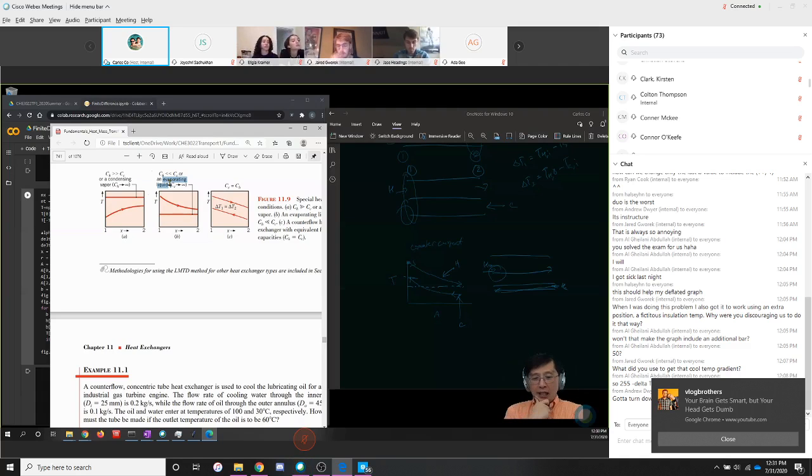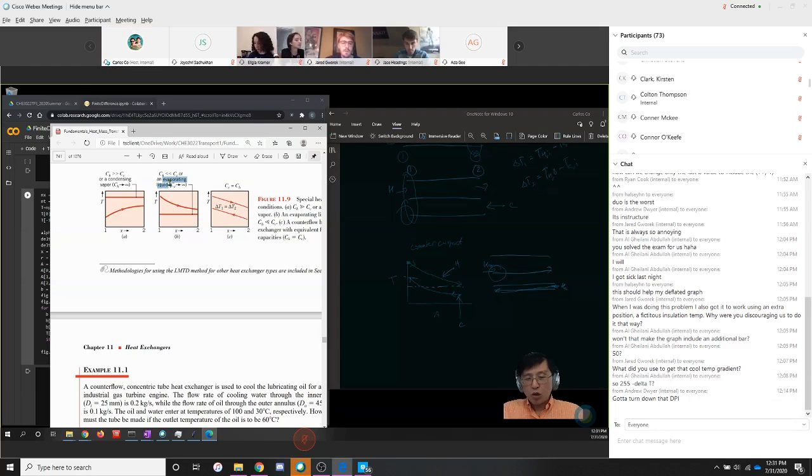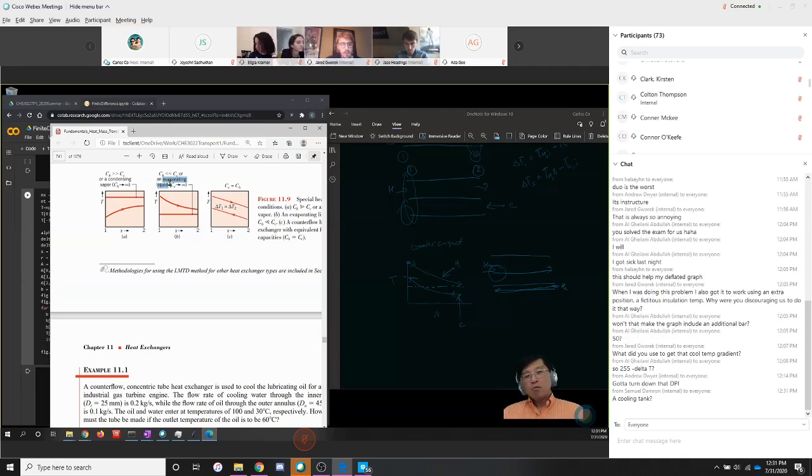Okay, so you might ask, evaporating liquid. Can you think of a scenario, something like this? What might be evaporating in your heat exchanger, let's say? There are so many possibilities. So, yeah, a cooling tank.